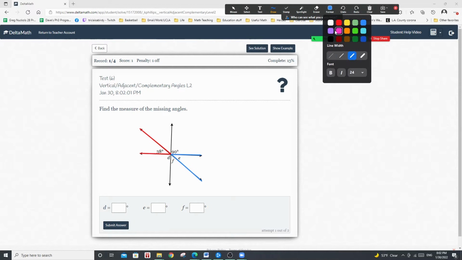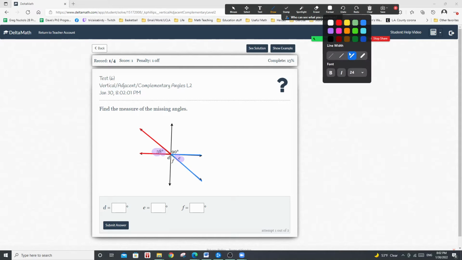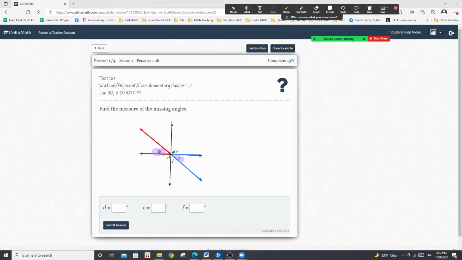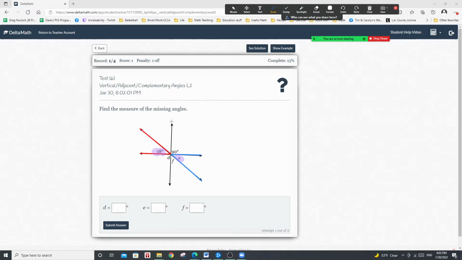So if 39 is here, these angles are vertical. It might help if I remove the other line essentially. No, let's make it thicker. There we go. If I remove that one, you can see that these two are vertical. So E, we immediately know is 38 degrees.